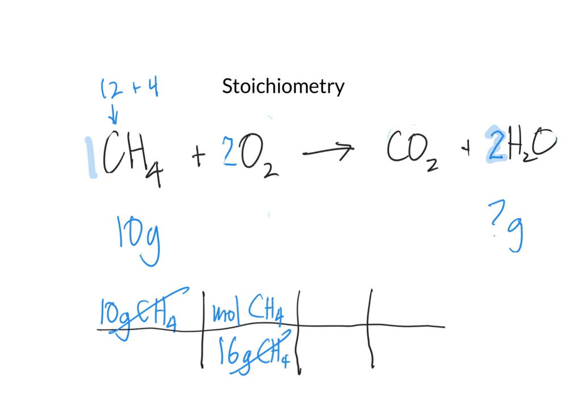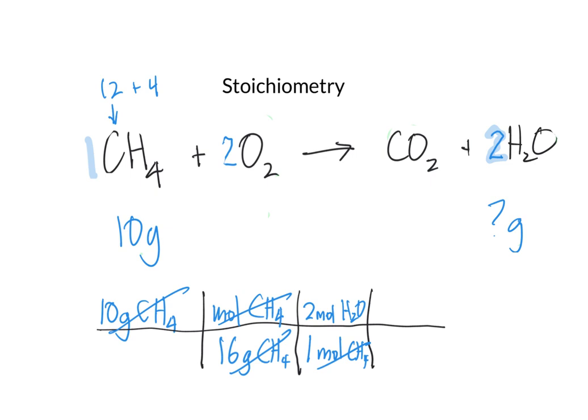So I'm going to put down 1 mole of CH4 will produce 2 moles of water. And now I can cancel my moles of CH4. And you often want to write down the substance you're talking about so you know which one you're canceling, because you can't cancel moles of CH4 with moles of H2O. You have to cancel moles CH4 and moles CH4.